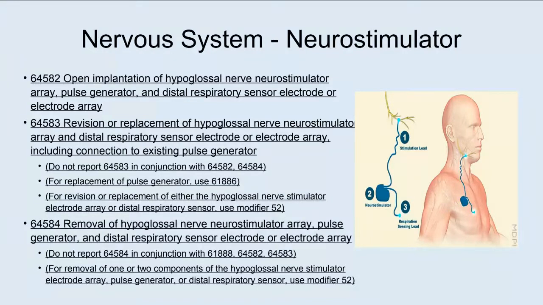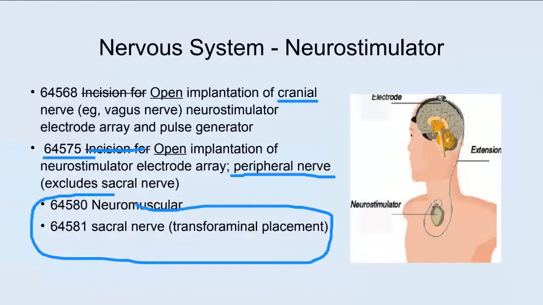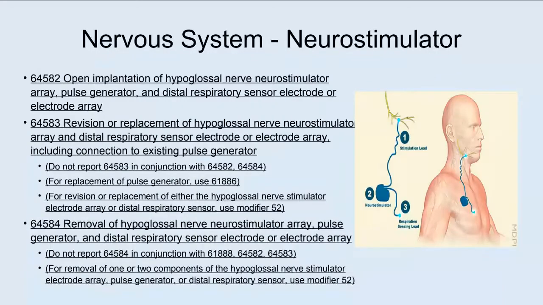Okay, more codes for neurostimulator. We had codes before for cranial, peripheral, and now we have codes for hypoglossal. Hypoglossal nerve here, and that's here under the tongue.